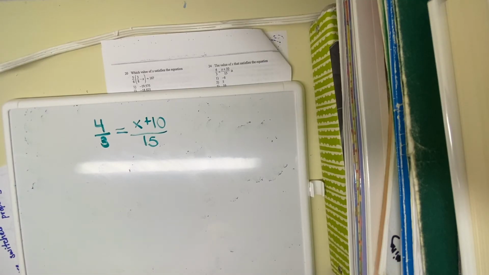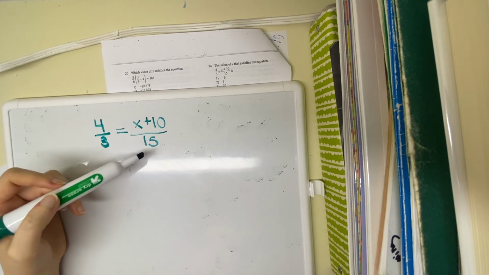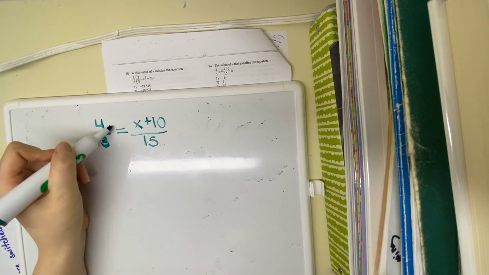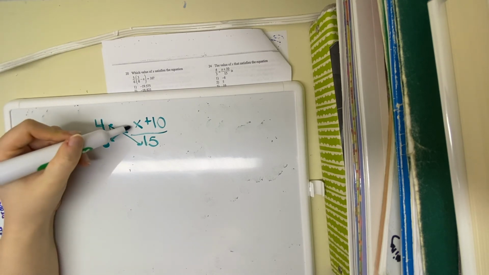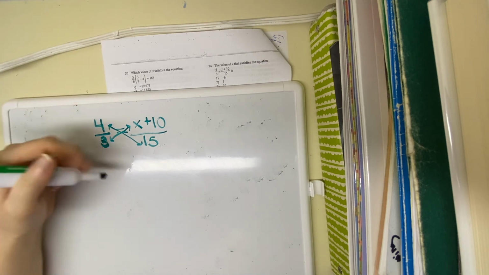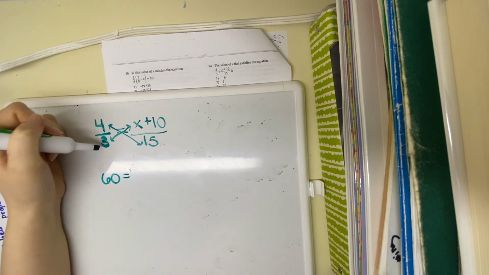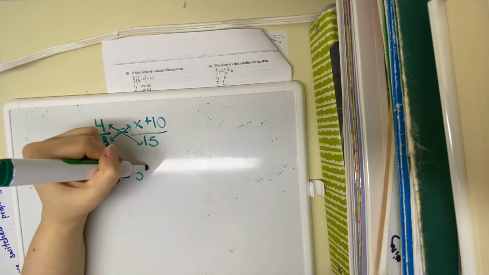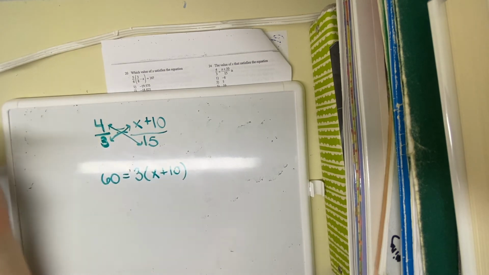So you can actually solve this by cross multiplication, and if you forgot what that was, basically if you have a fraction equal to another fraction, you can just multiply the numerator and denominator on both sides, and then you would simplify from there.